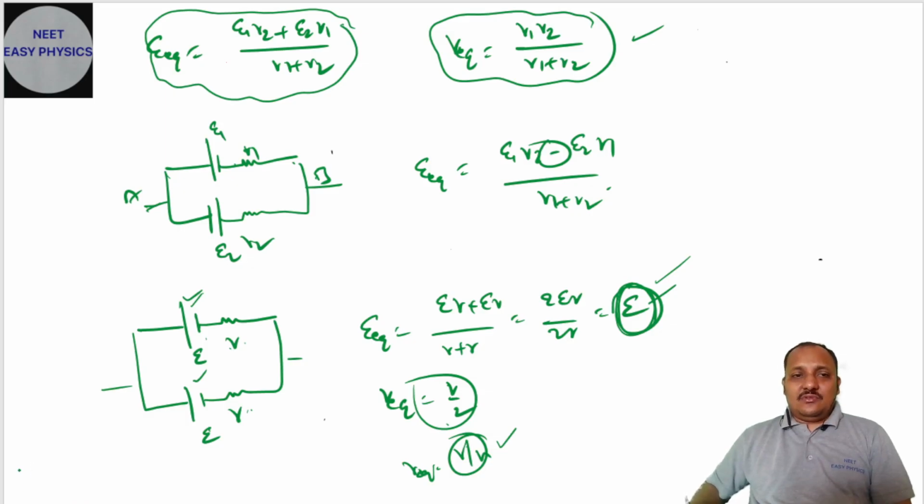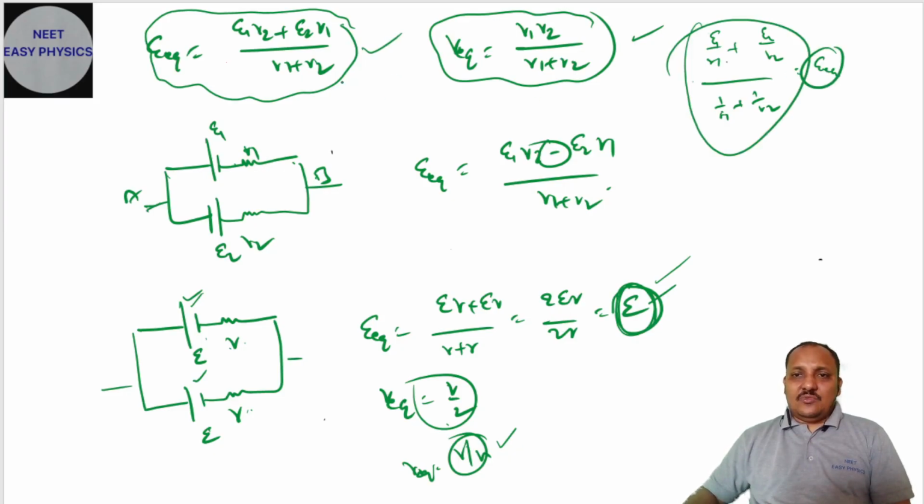So this is how to calculate effective EMF when cells are connected in parallel. Some people write it differently: (E1 by R1 plus E2 by R2) by (1 by R1 plus 1 by R2). This is also the equivalent EMF. Both equations are the same. Here, after taking the LCM, we wrote it like this. You can follow this one also, no problem.